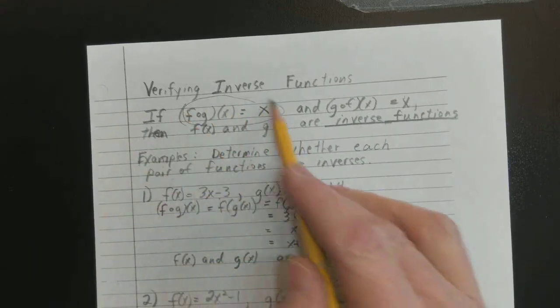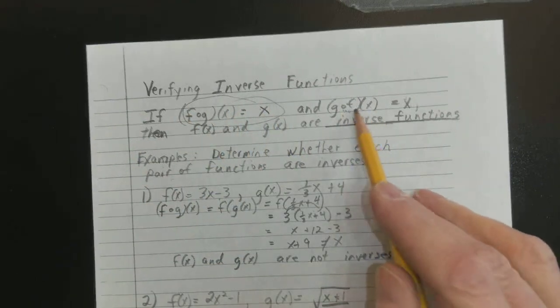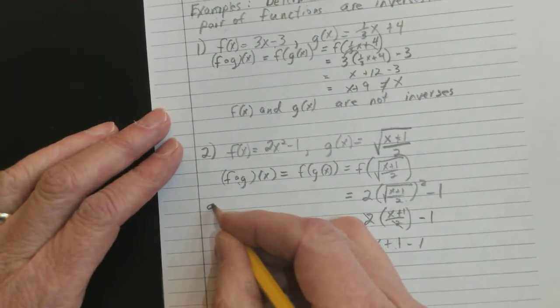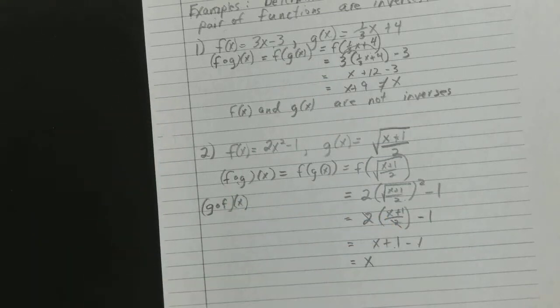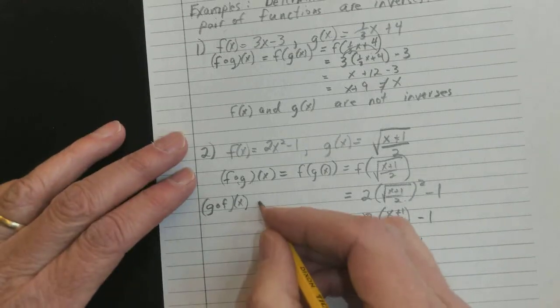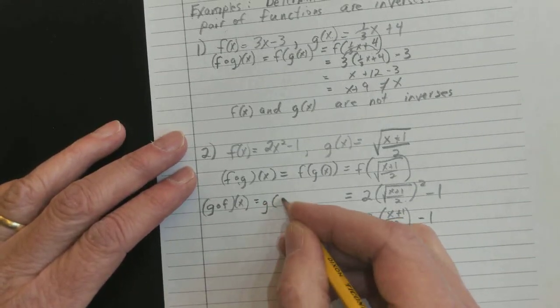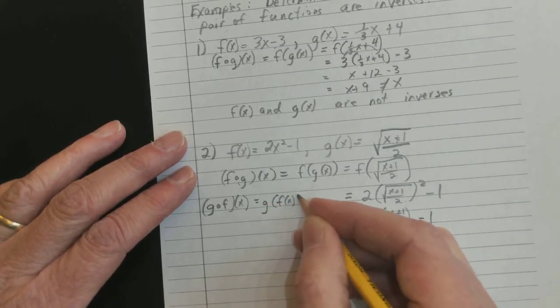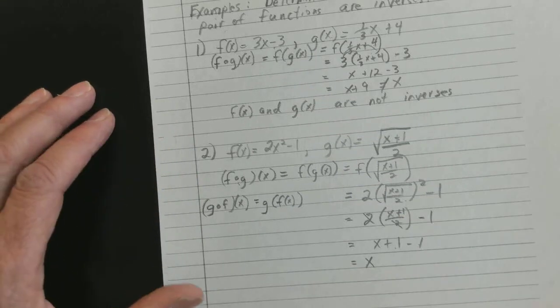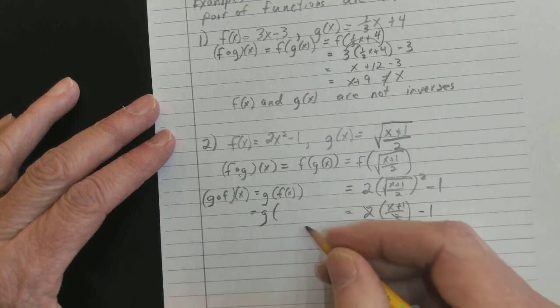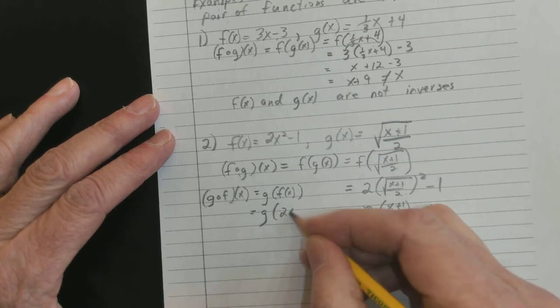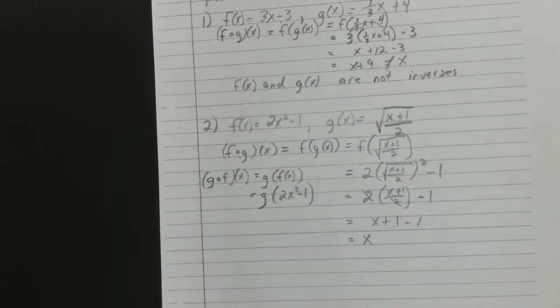That's one of the requirements, right? Now we got to show this one, g circle f, which I'll do right here. G circle f of x, that is g of f of x, which is g of 2x squared minus 1.